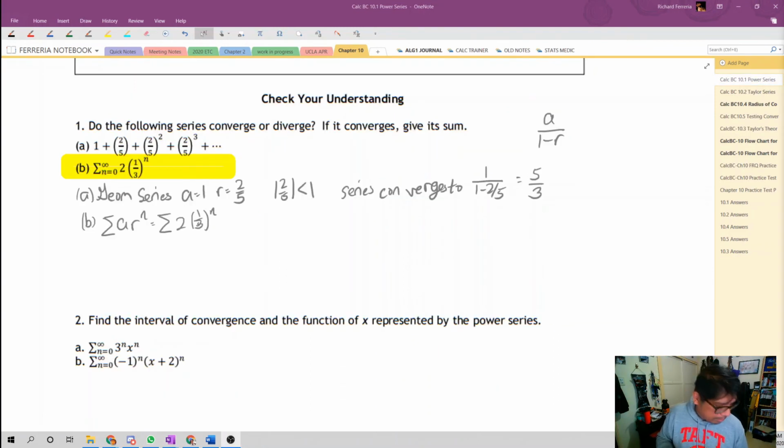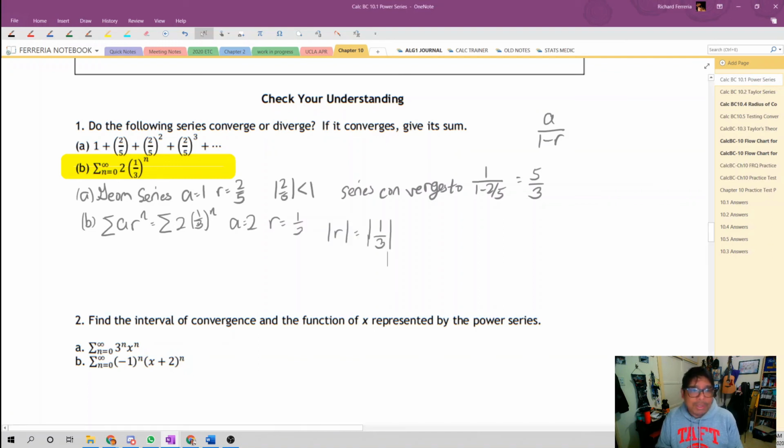For question B, if I take a look at this and I compare it, I basically write it next to the general formula for a geometric series, I can see pretty quickly that this is a geometric series with a equals 2 and r equal to 1/3.